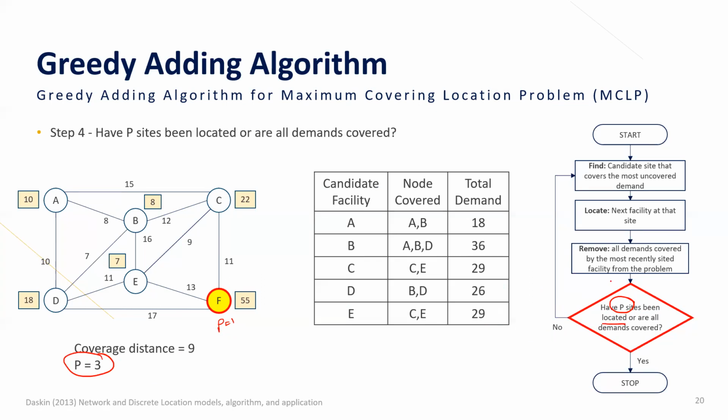The other option is, if you have not yet used 3 but all your demand is already covered, then that is already the optimal one, right? All the customer demand is already covered, so you don't have to continue. So here the algorithm is also asking: first, if you have already finished 3, you have already assigned 3 facilities, or if all the demand is already covered.